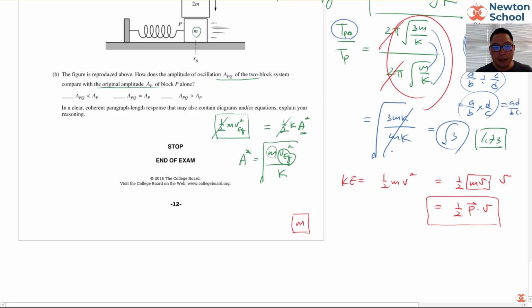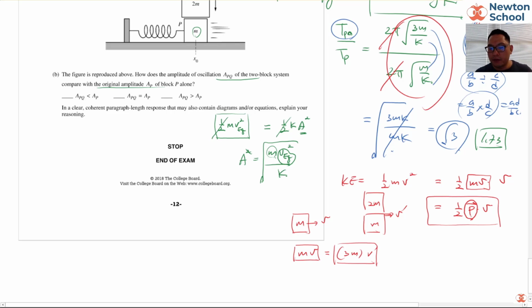You have one mass with a certain velocity v, and there is 2m that comes down and goes with, let's say, v prime. But this is a completely inelastic collision, and momentum has to be conserved. So you can say mv equals 3m, the total mass now, times v prime. The momentum part is the same, so this part is not going to change, because momentum before collision equals momentum after collision.